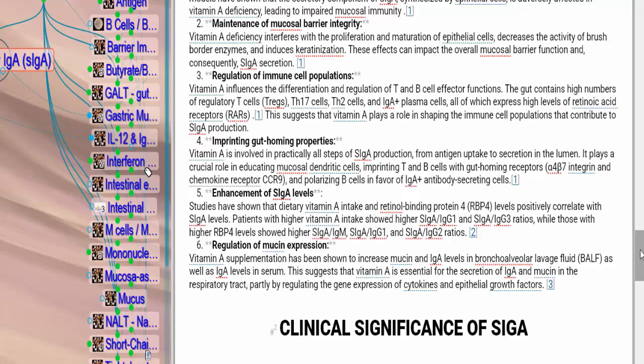We have methods where we can call out for help, and in the gut, it helps to set that whole process in action. And vitamin A enhances the secretory IgA levels, and vitamin A regulates mucin expression. So we see vitamin A as a big player in a number of these mechanisms.